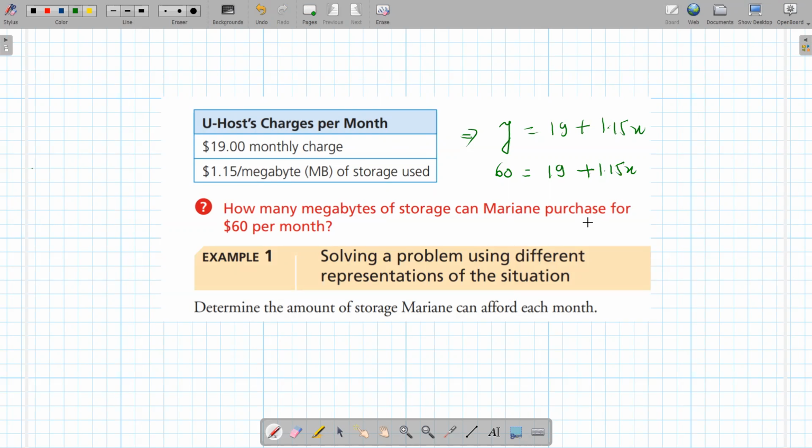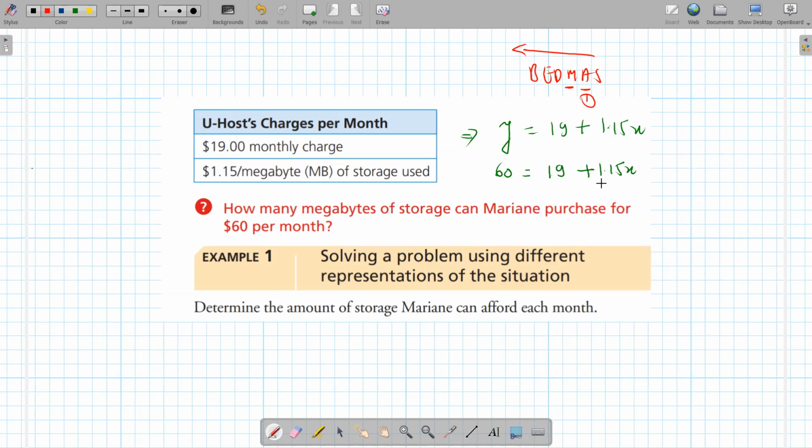No, you have to do the opposite operation, all right? You're trying to solve an equation. Usually what works best is to follow the order of the reverse BEDMAS, okay? Now notice 1.15 and x are being multiplied, and then 19 is being added to this. So what you want to do is get rid of the 19 first. So what do we do on both sides?